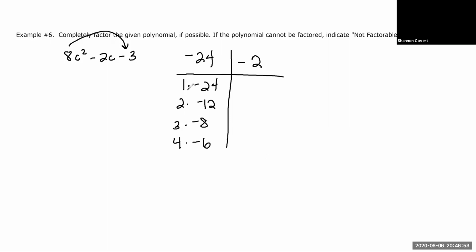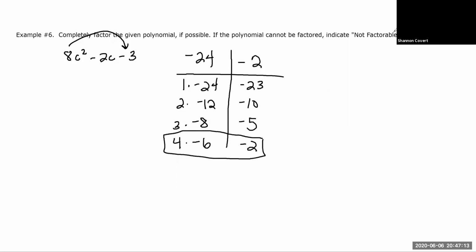All right, so then when I add these things together, this one gives me a -23, this one gives me -10, this one gives me -5, this one gives me -2. So there's our combination right there, -2.